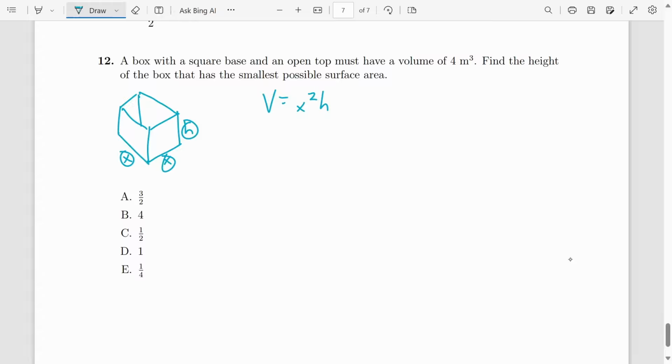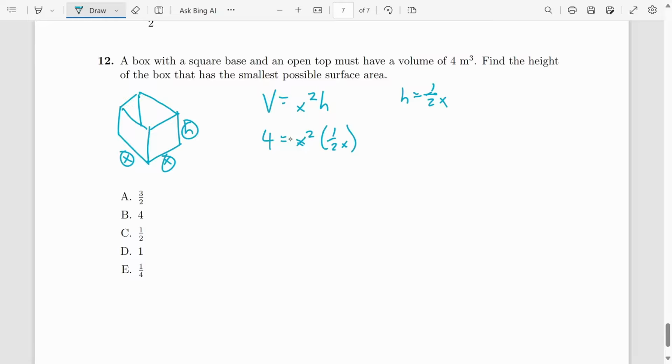Every single time for these box problems, h is always going to be 1/2 of one of the base lengths. So h is going to be 1/2 times x. So knowing that, we need to substitute that in. So 4 equals x squared times 1/2 times x. And now we've only got one variable to worry about. So we can just solve for x, the base length, and then solve for h after that.